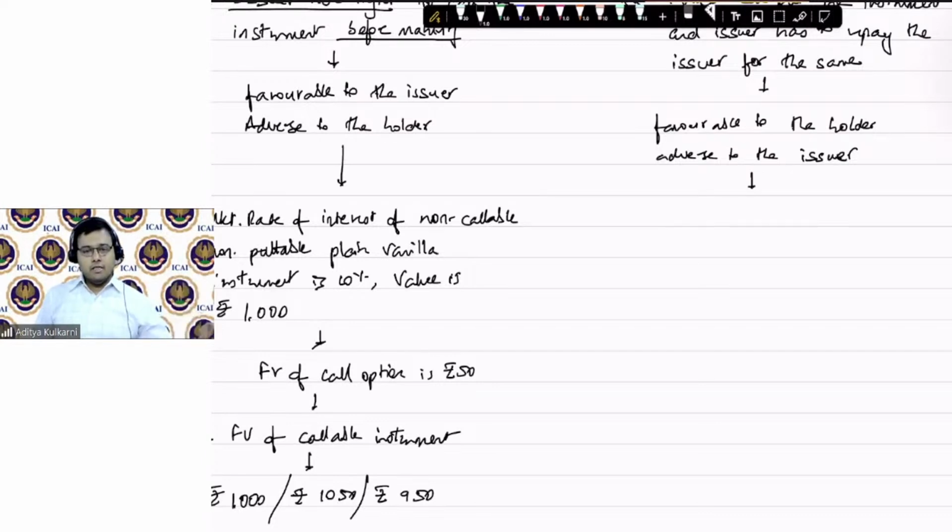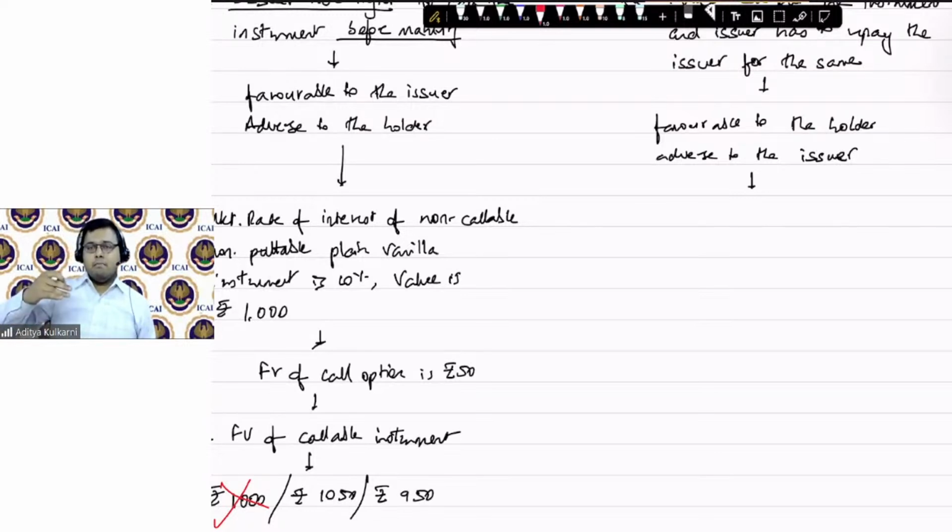Will it be 1000? You might say it makes no difference sir, that is an option, that is separate. We are now combining the features. So it can't be 1000. It cannot be 1000 under any circumstances, because now my plain vanilla instrument has a call option attached to it. Will it be 1050?